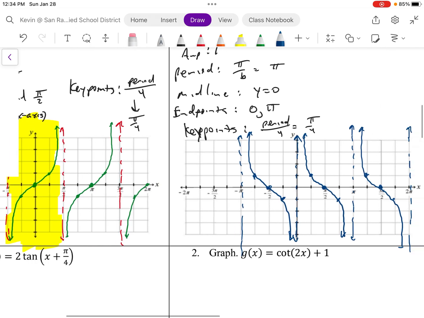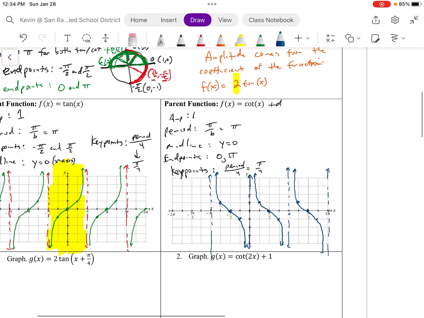Well, you will notice between tangent and cotangent, they look very similar. That middle point, in between the two asymptotes, crosses the midline, wherever our midline is. And then you go halfway from that middle of our graph to the asymptote. Halfway between there is where you'll then draw your amplitude.